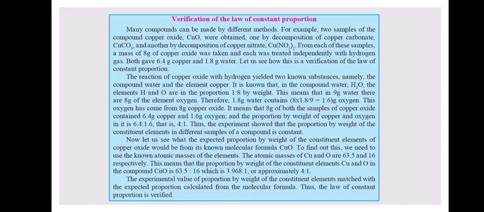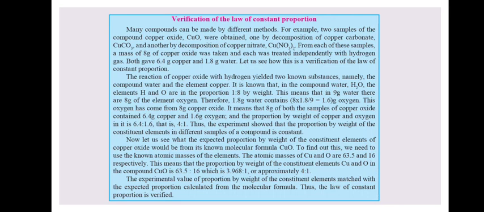From each of these, 8 gram of copper oxide was taken and each was then treated independently with hydrogen gas. Correct? Means the copper oxide obtained from copper carbonate and copper nitrate, both was treated with hydrogen.